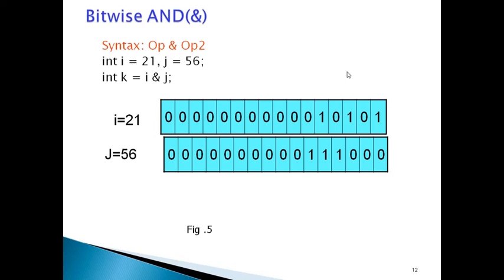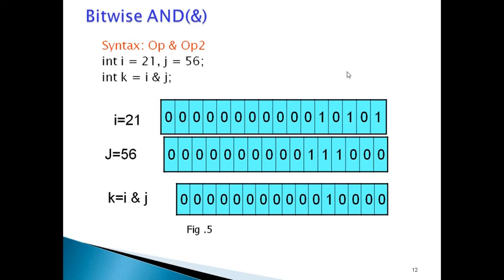At the 0th bit, the i value is 1 and the j value is 0. 1 and 0, the resultant value is 0. Second bit, 0 and 0, the value is 0. At the third bit, 1 and 0, the AND operation gives 0.